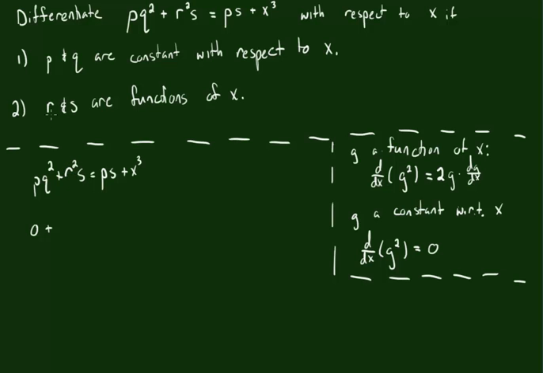Now r is a function of x, and s is a function of x. So r squared is one function of x, s is another. Because we need to take the derivative of a product of two functions of x, we are going to need a product rule here.